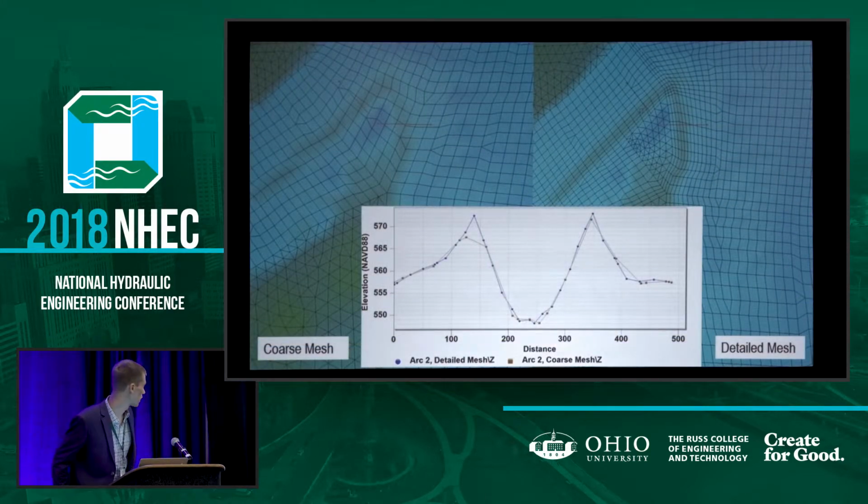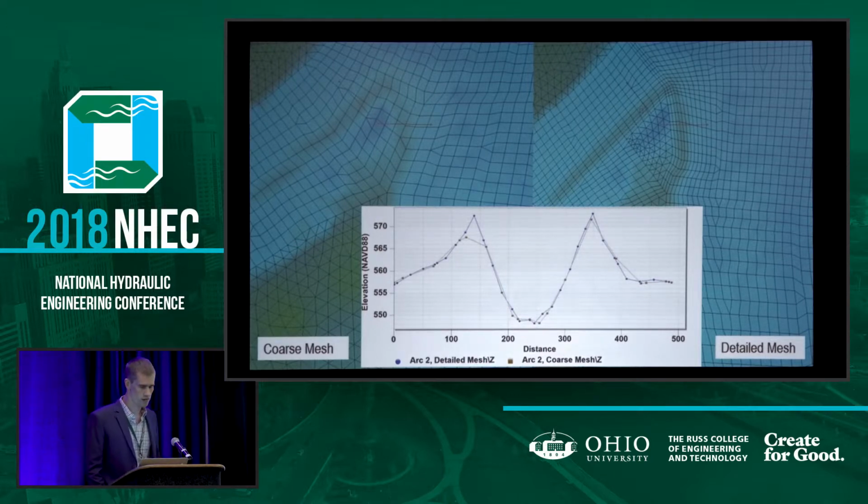So when we look at what that actually means for one of the areas of the mesh, it looks pretty washed out here, unfortunately, but on the left there is the coarse mesh. This is actually in the area of a closing dam downstream of the bridge.